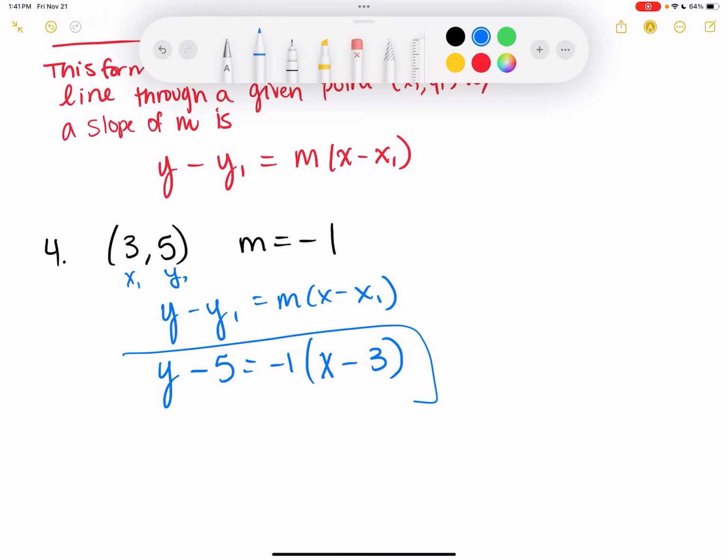If it says to write it in point slope form and then write it in slope intercept form, we would do something else, but I don't even know if we're doing that in this section or not. Nope, this section just wants us to leave it this way, so even easier than I thought. This is what we're doing the whole section pretty much. Other than, you might have to find the slope on a few of them.